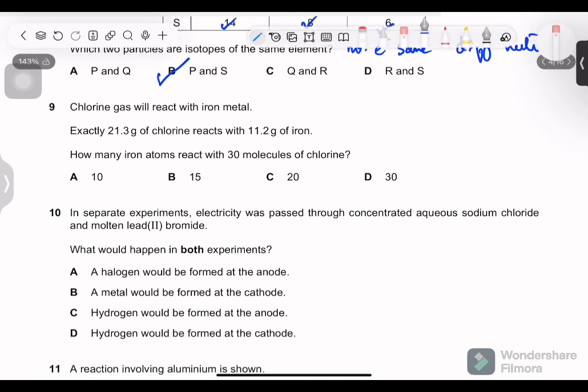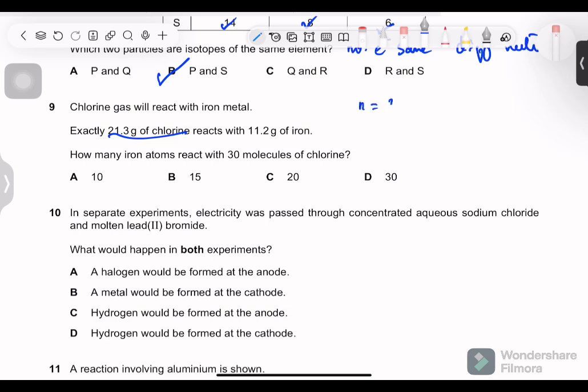Chlorine gas will react with iron metal. Exactly 21.3 gram of chlorine reacts with 11.2 gram of iron. How many iron atoms react with 30 molecules of chlorine? Okay, so with 30 molecules of chlorine, we'll have to calculate the number of moles in this.